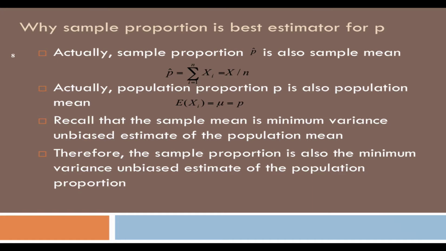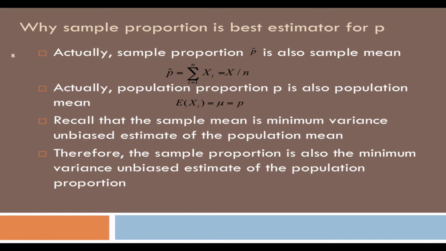So given this, what you learned in the previous lecture immediately helps you here, because we learned that the sample mean is always the best unbiased estimator because it has the smallest variance among all the unbiased estimators.